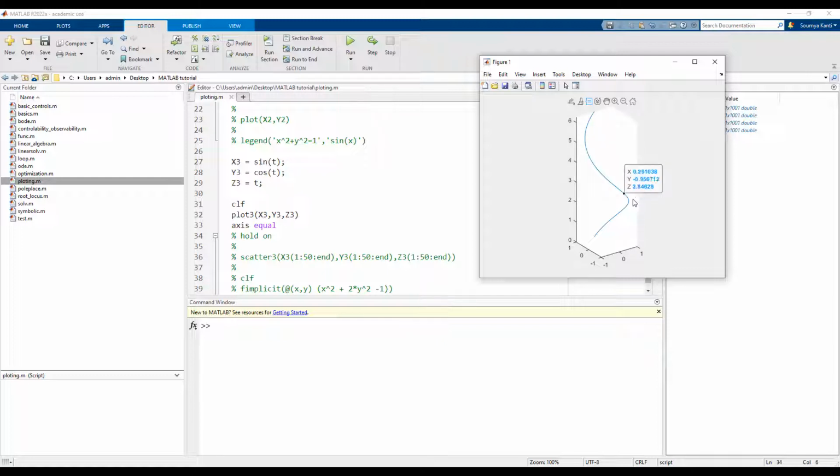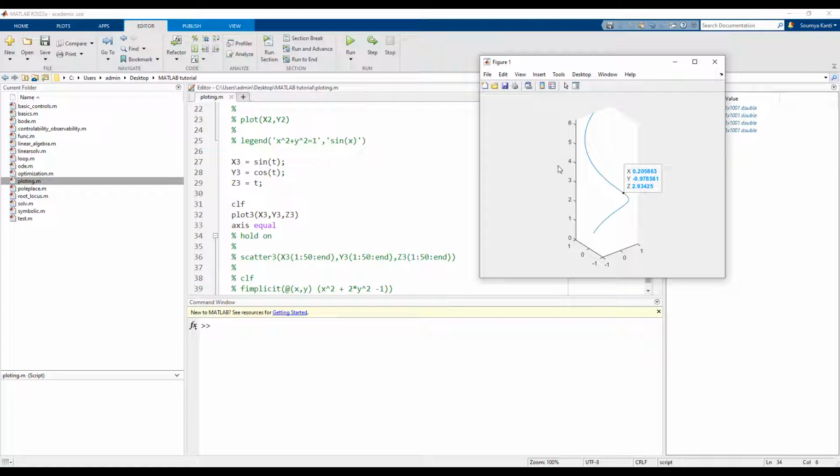I can drag it and it will show the values for different points. Similarly I can zoom in by clicking and dragging, and this one will zoom out the figure. Using the pan tool, you can pan the graph, and if you double click it, it goes back to the previous view.